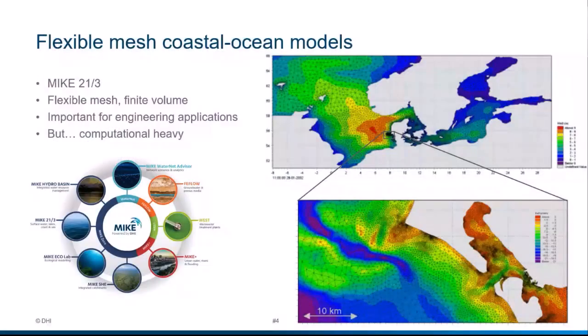Our starting point is the flexible mesh coastal ocean models, Mike 21 and Mike 3, which use a finite volume method to solve different simplifications of the Navier-Stokes equations to solve for, say, the flow of water in a coastal ocean area.